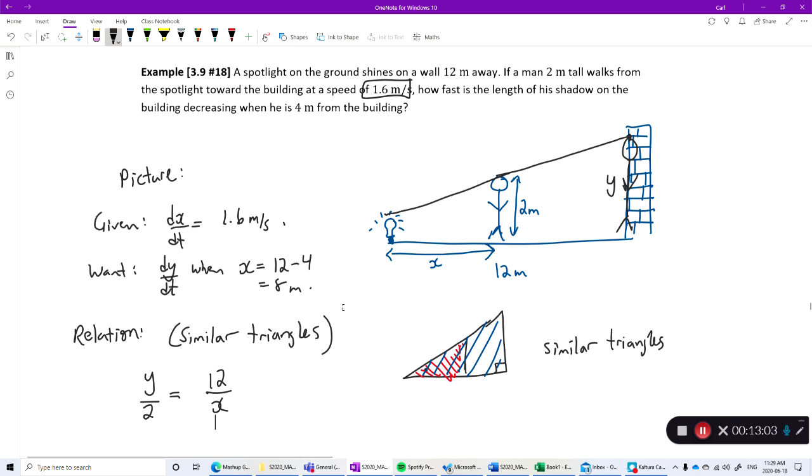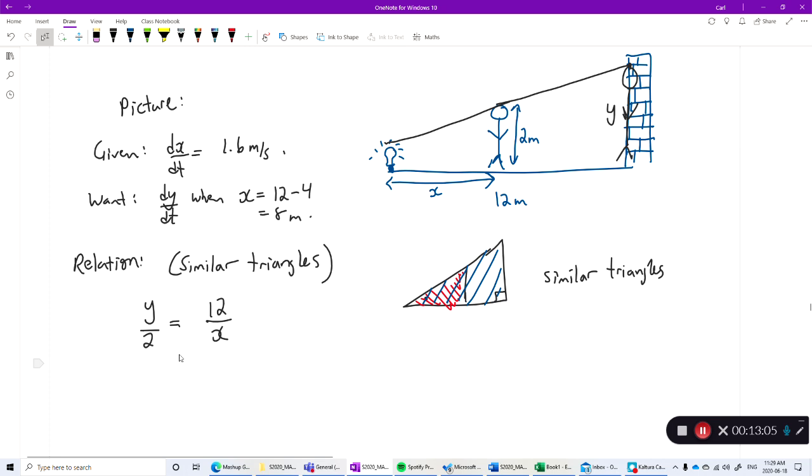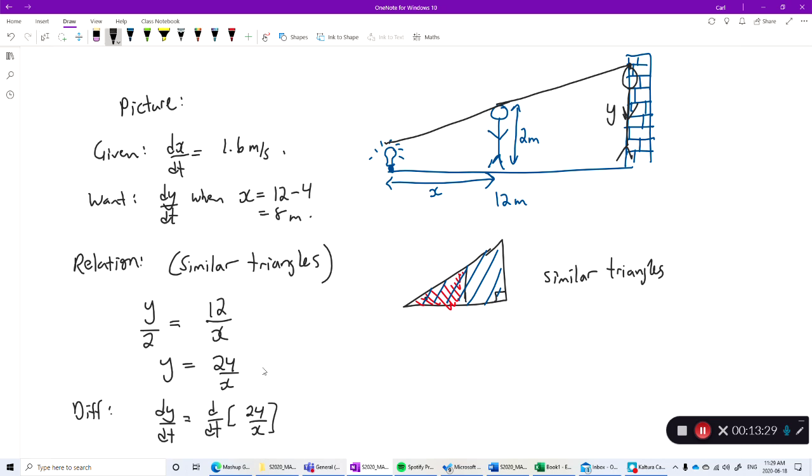Okay, so now let me clean that up a little bit. So y is 24 divided by x. Okay, now I can differentiate. Derivative of y is dy dt. What's the derivative of the right-hand side? d by dt of 24 over x. Now you might think, okay, I need the quotient rule. We can actually do this a little bit more easily if I change that.